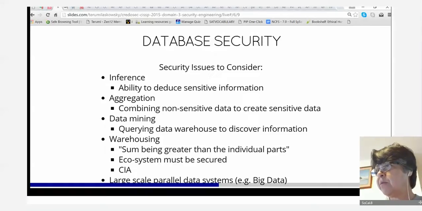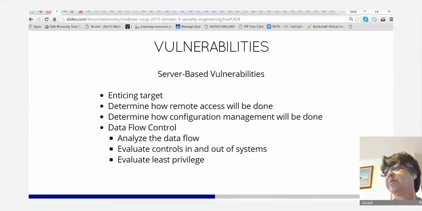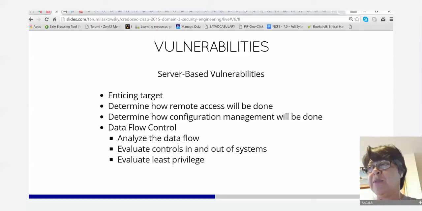Did I miss something? Yeah, server-based vulnerabilities, okay. The server is an enticing target, isn't it? Because everything supposed to be important is concentrated in one place, a server. So we have to determine how you access that thing, remotely perhaps, to do administration on it. Determine how configuration management will be done.